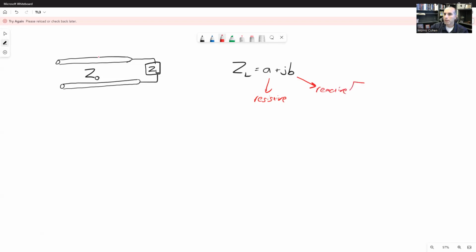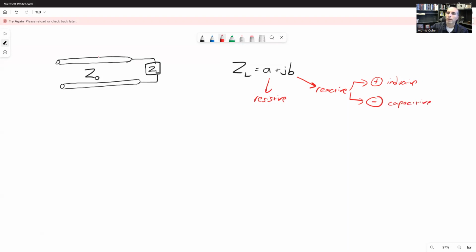And B can also be subdivided into two categories. A positive reactive component means it's inductive, and a negative reactive component means it's capacitive.